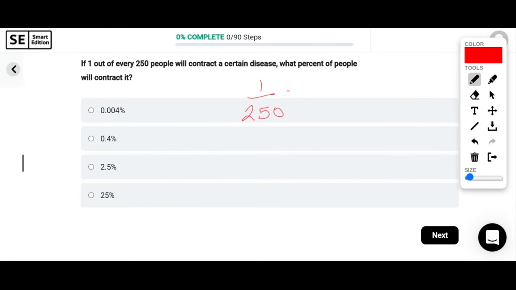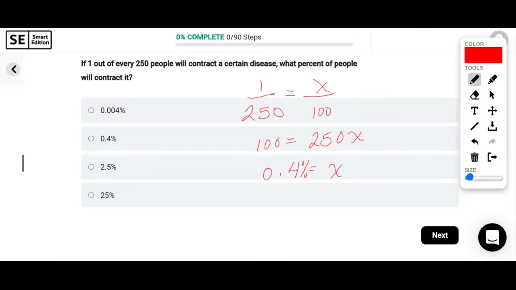I could do part over whole equals percent over 100, and cross multiply. So 100 would equal, let's call our percent x here, 250x. And when I divide by 250, 100 divided by 250 gives me 0.4. So that is my percent, 0.4%.